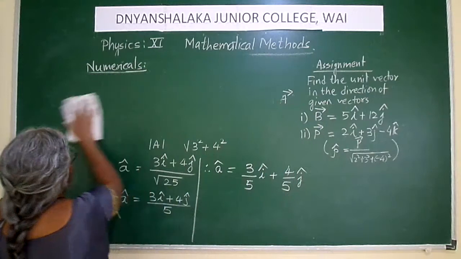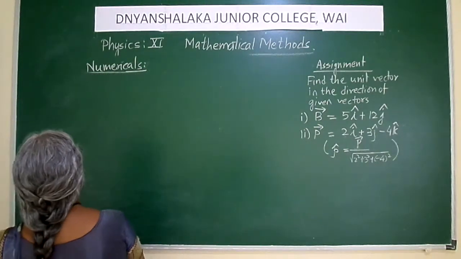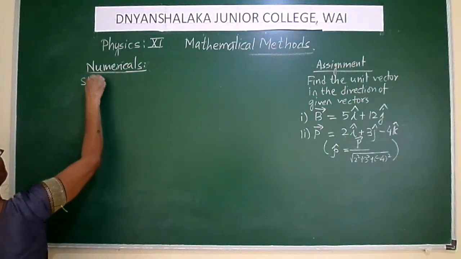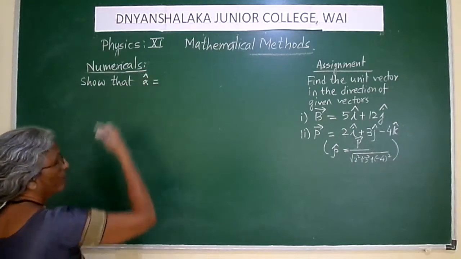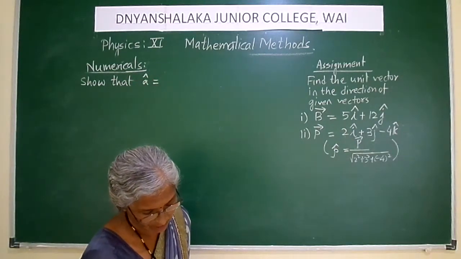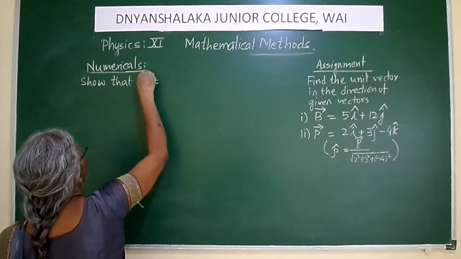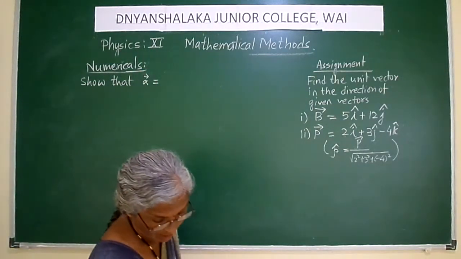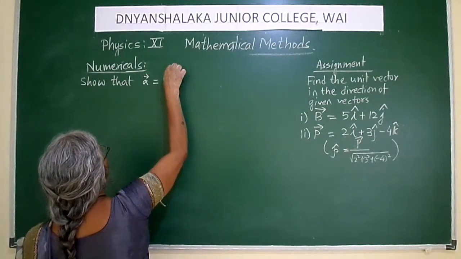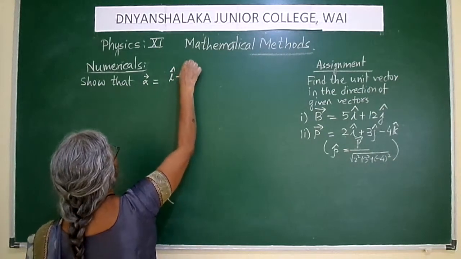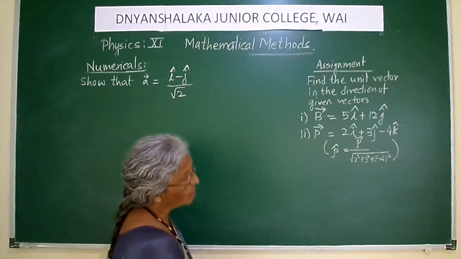Now we'll go for this numerical. Show that n-cap, or you are being given simply vector A equal to i minus j upon root 2 is a unit vector.